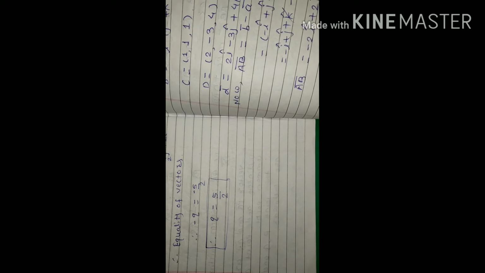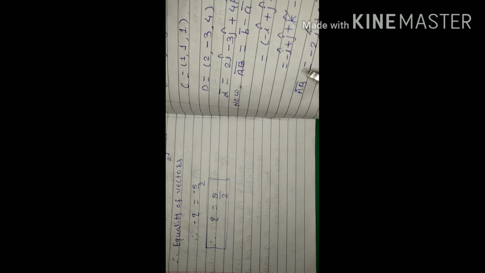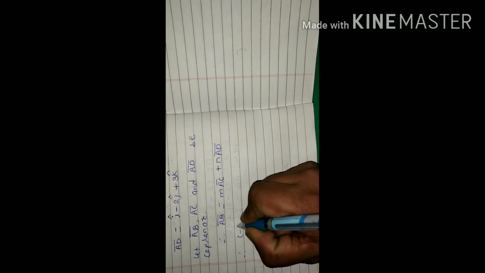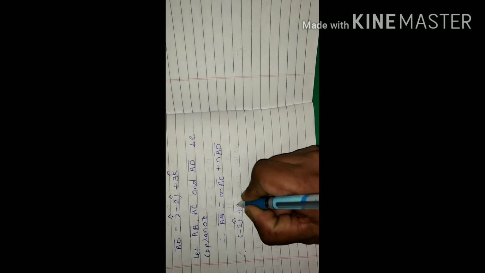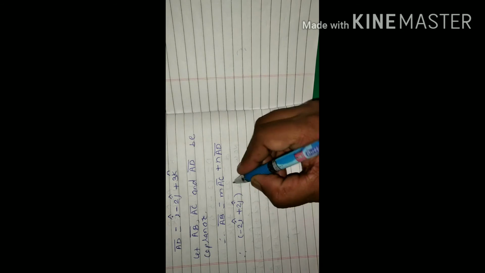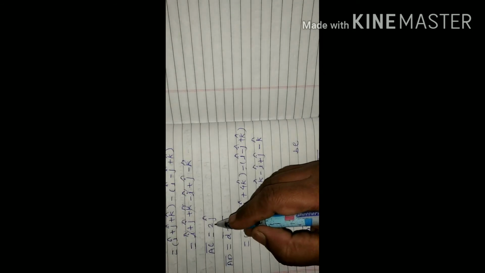Therefore the value of AB bar is minus 2i plus 2j. Then put here the AB bar value, that is minus 2i cap plus 2j cap is equal to m, the constant term, then the value of AC bar, that is 2j cap, then m into the bracket 2j cap plus n, AD bar is i cap minus 2j cap plus 3k cap.